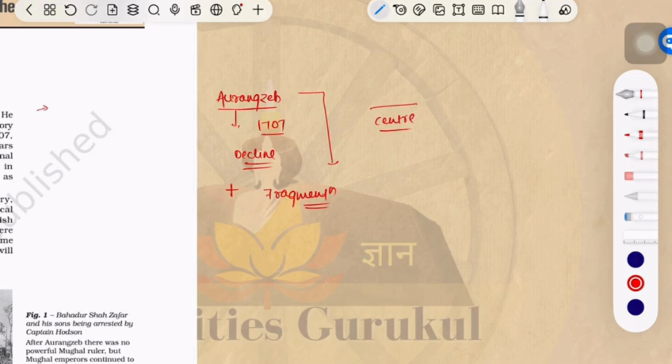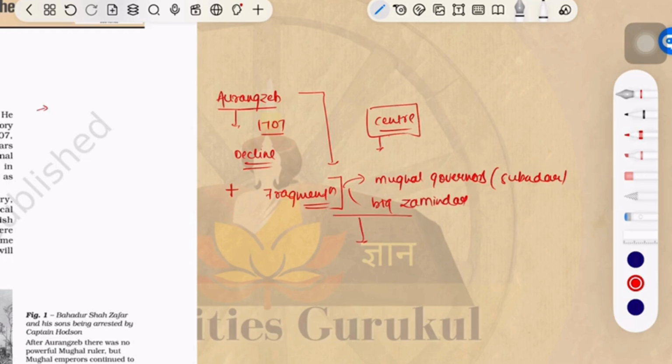So obviously the other rulers, who were previously under the rule of the Mughals, started gaining autonomy, like Mughal governors, who were also known as Subadars, or big zamindars. When they noticed that the center became weak, they began asserting their authority.